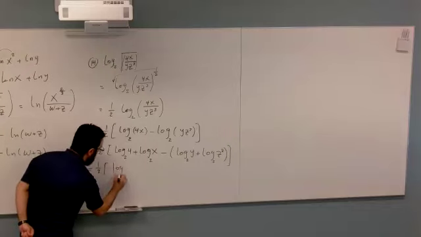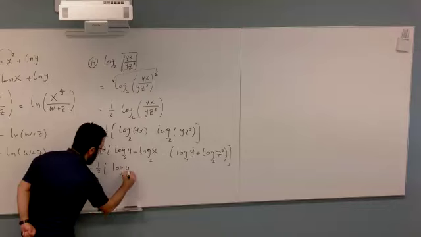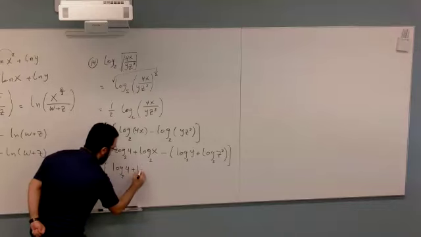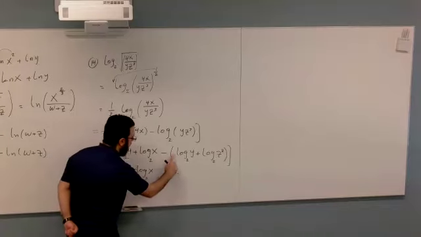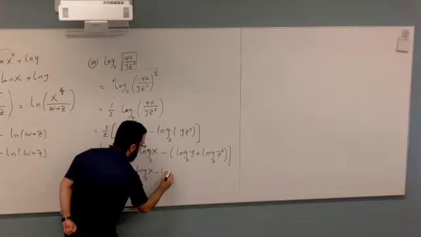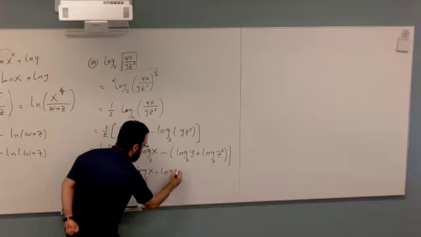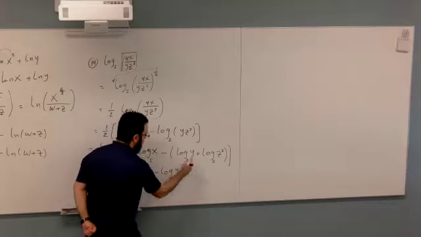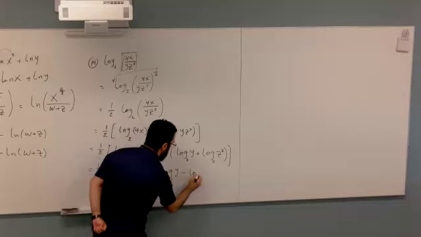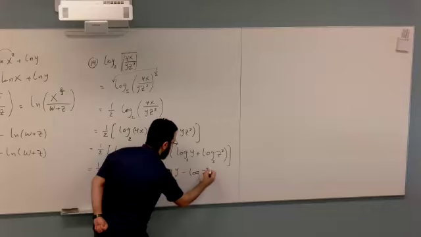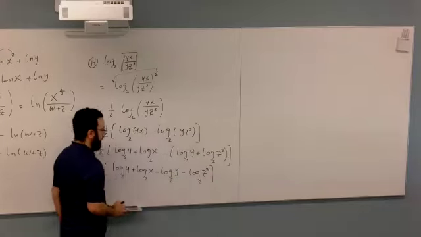So I'm going to say it's log to the base 2 to the 4 plus log to the base 2 to the x. Negative times positive, negative log to the base 2 to the y, negative times positive, negative log to the base 2 to the z cubed. Is that okay?